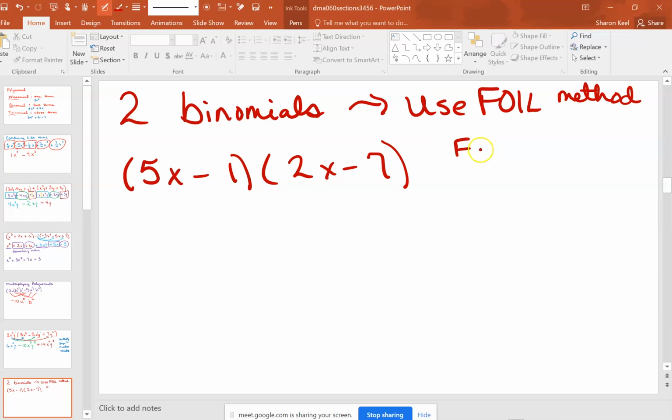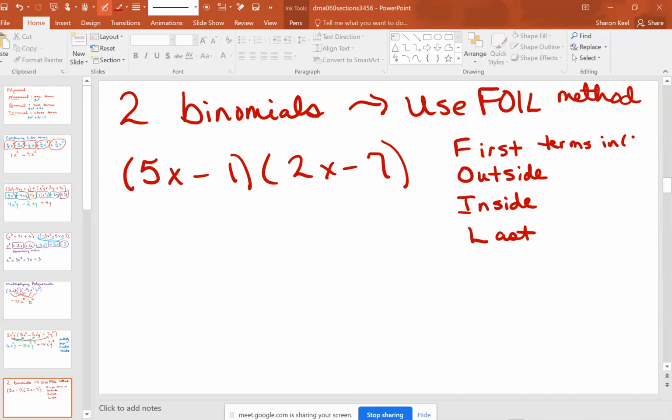FOIL, the F stands for first, the O stands for outside, the I stands for inside, and the L stands for the last. So when we FOIL, we multiply the first terms in the parenthesis.